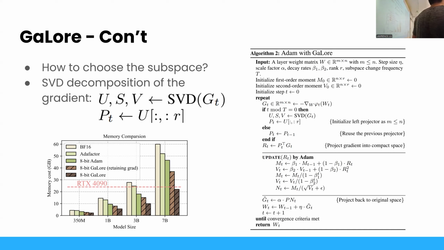So your optimizer states, your first and second moments, are no longer shaped D by D, but R by D, where R is a lot smaller. That moves the Adam overhead from quadratic to linear or near linear. They do this to the entire transformer regardless.